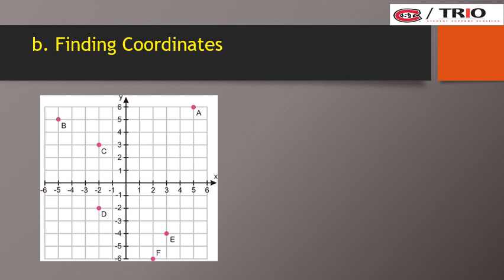As we learned already, the first axis is the x-axis, the horizontal axis, and the second axis, the y-axis, is the vertical axis.